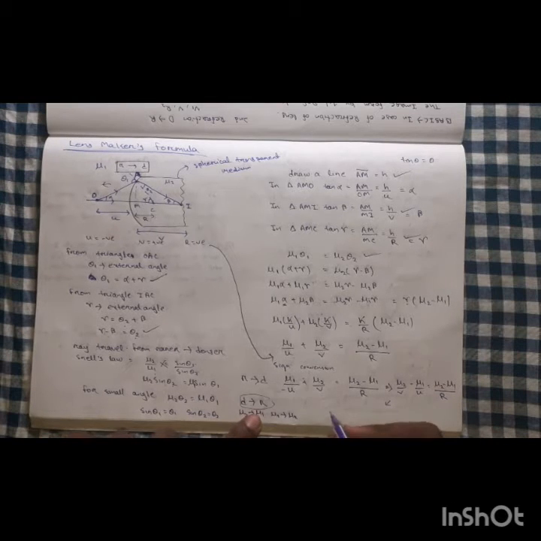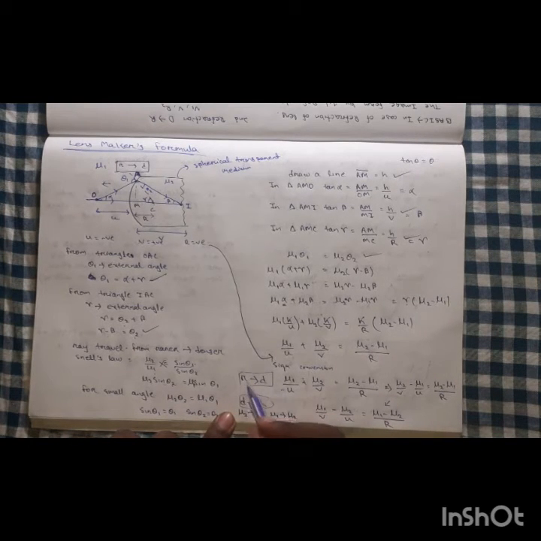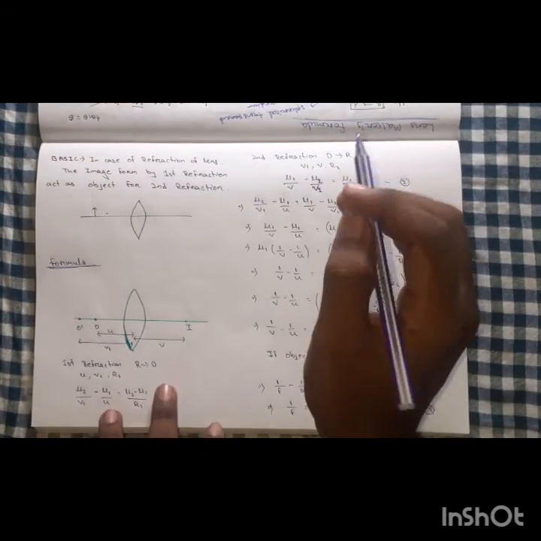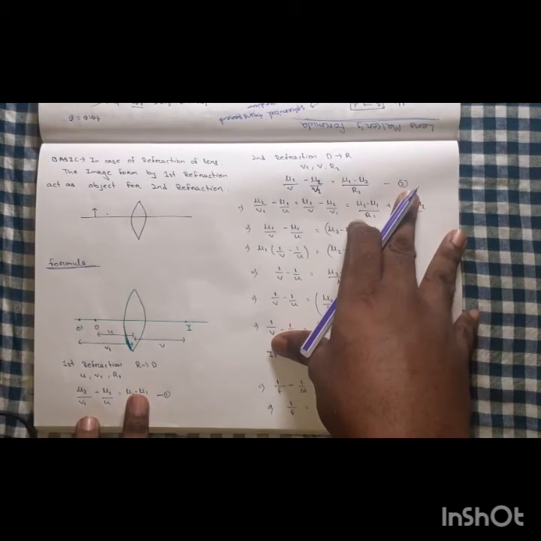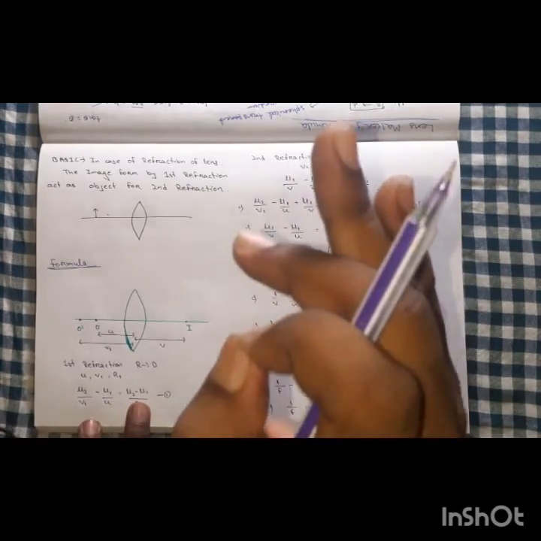Then put mu 1 by v minus mu 2 by u, that equal to mu 1 minus mu 2 by r. It will be the rarer to denser, and it will be the denser to rarer. Understand? Clear? Okay. Then go for lens maker formula. Then listen, before going to the lens maker formula, you have to know a very important basic idea.